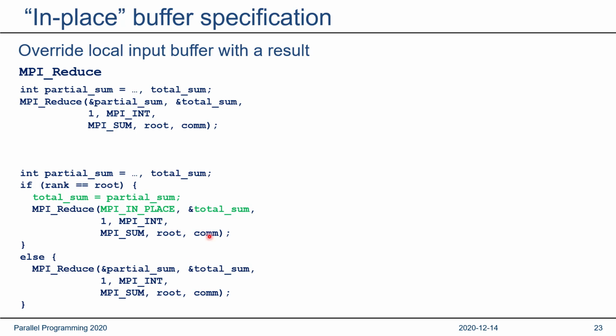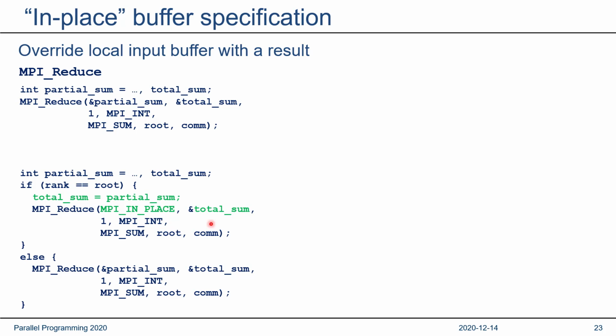Now below here we see the option we have for the in-place buffer specification. Instead of calling MPI_Reduce with separate partial sum and total sum arguments, at the root we can specify MPI_IN_PLACE for the partial sum. So the send buffer is not actually specified. Instead, we give it a special symbol which has a value with a special meaning in MPI, and the library knows that we want an in-place buffer specification.